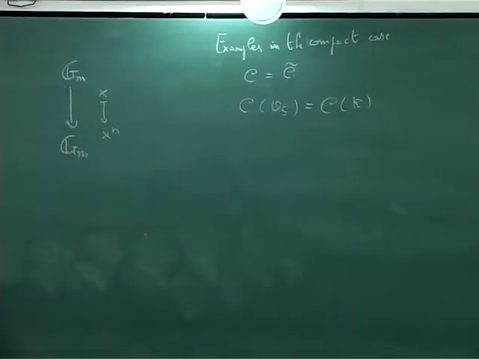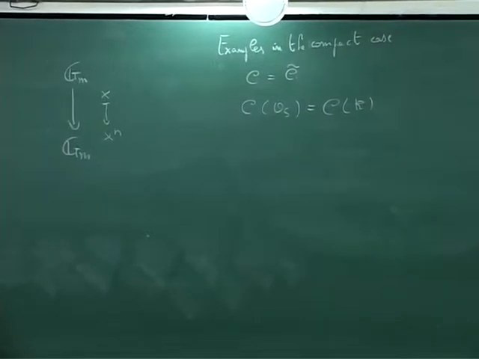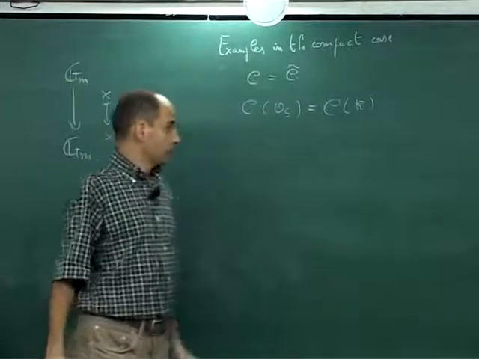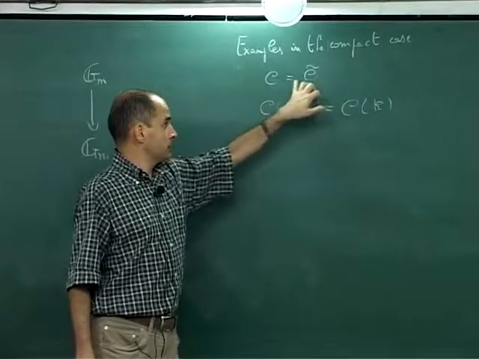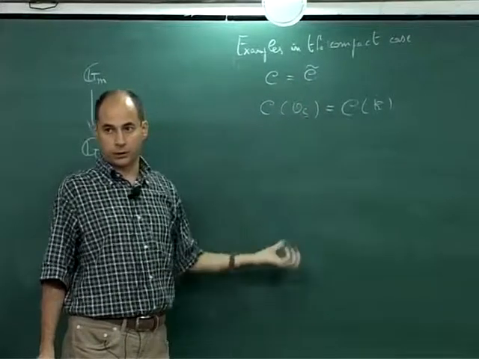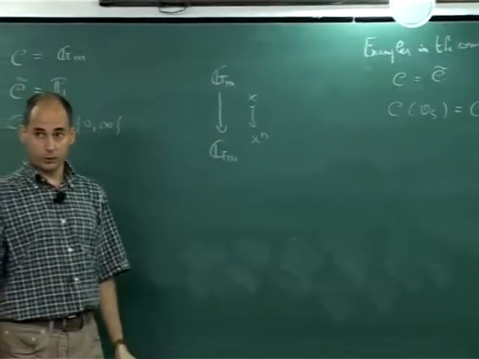So in this case the theorem applies to all K-rational points. So for examples, I cannot take P1 for C because P1 is simply connected, it has no non-trivial unramified covers.